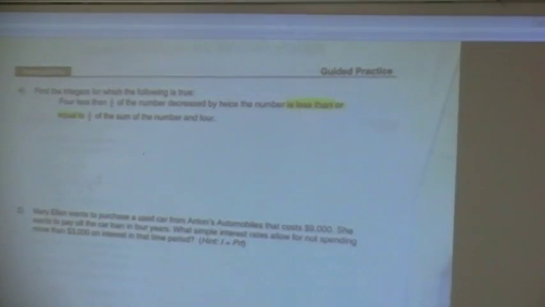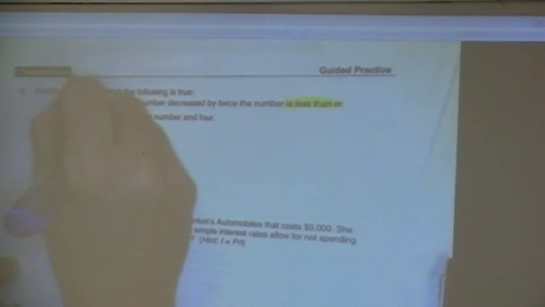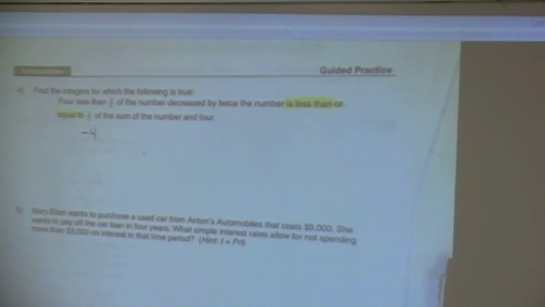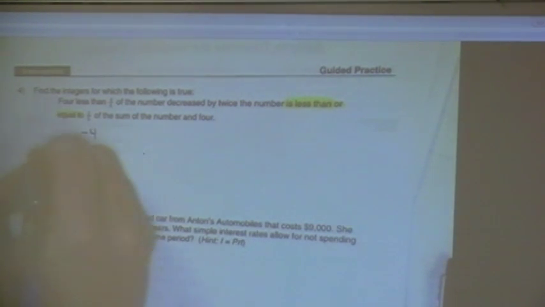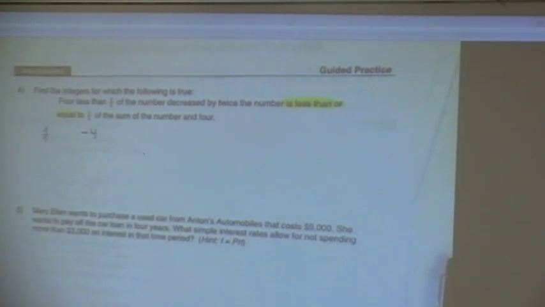Okay, so let's translate mathematically. In this case, 4 less than means what? Minus 4. We're subtracting 4 from something. I don't know what yet, but we'll figure it out. 4/5. So this is what I'm going to subtract from. Of. What does the word of mean in mathematics? Multiply. So 4/5 of the number.